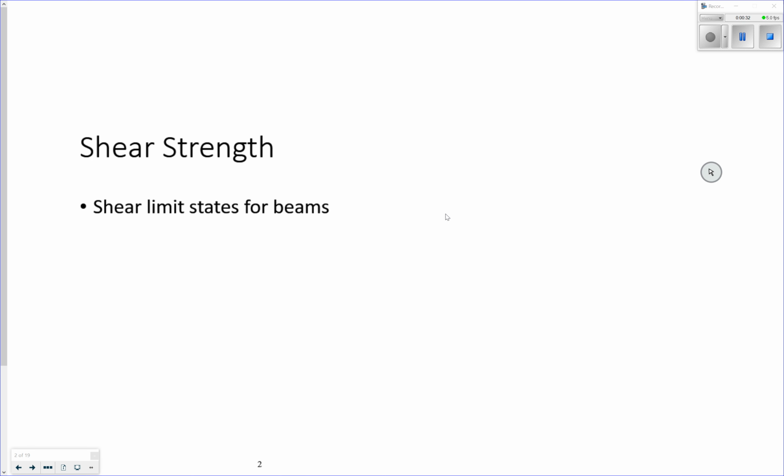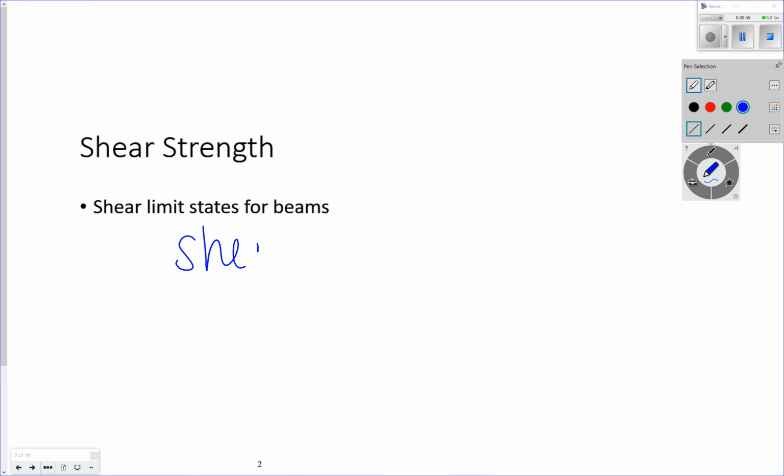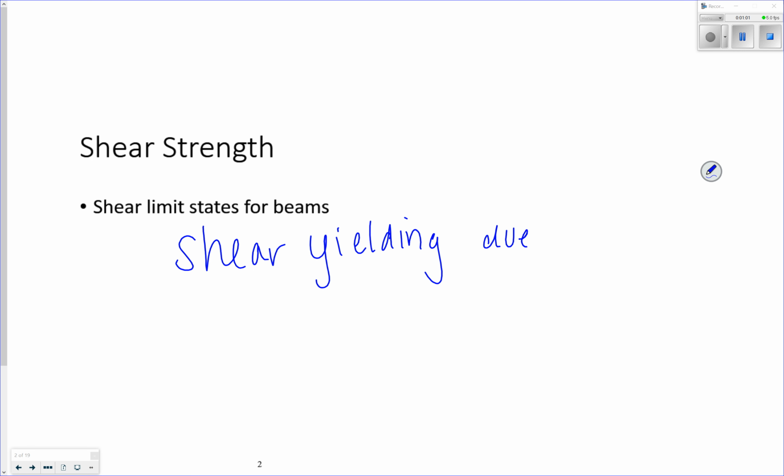There are two limit states for shear and beams. One is shear yielding due to excessive deformation.